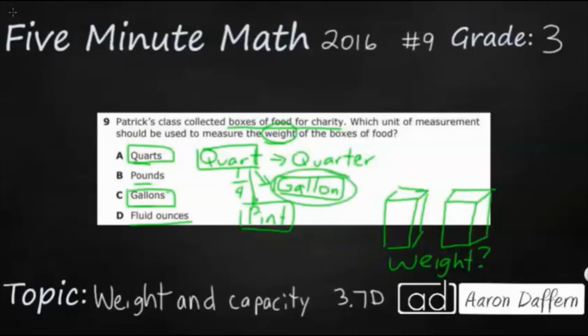Now, if you're thinking about that, then you're thinking, well, is that how we measure weight, or is that how we measure capacity? So weight is the effect of gravity on an object. On Earth, weight changes if you go to different planets. And then capacity, another way to think of it would be volume, like liquid volume.